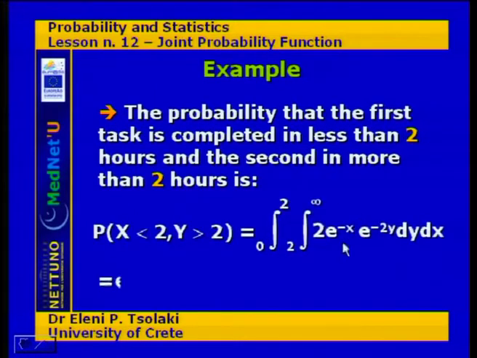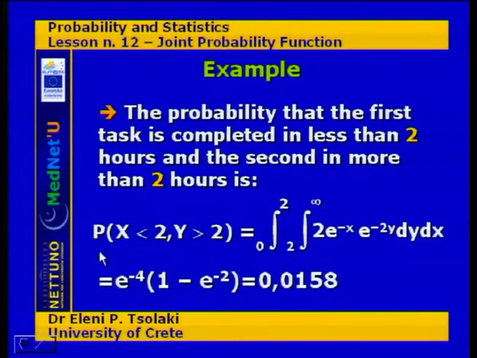For this case, we actually have asked what is the probability that x is less than 2 and y is greater than 2. So it will be the double integral of x will go from 0 to 2 and y will go from 2 to infinity of this. And we evaluate this integral.